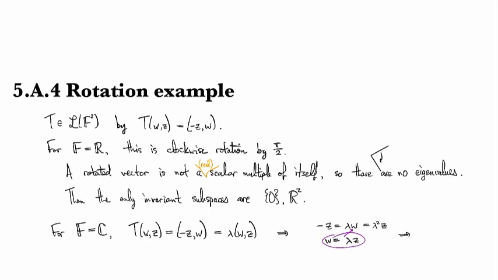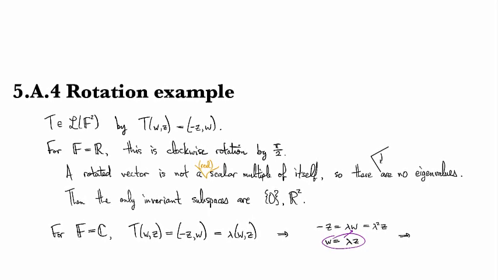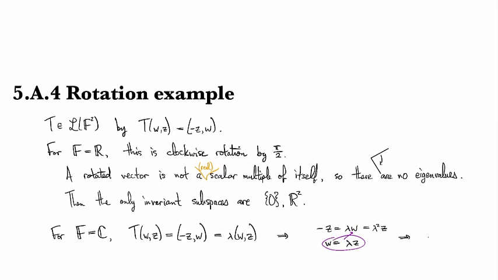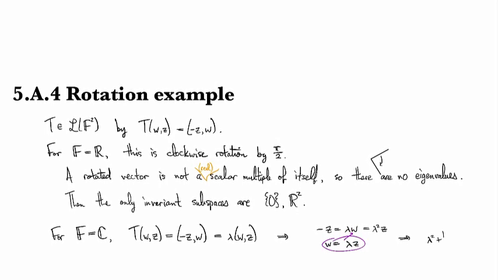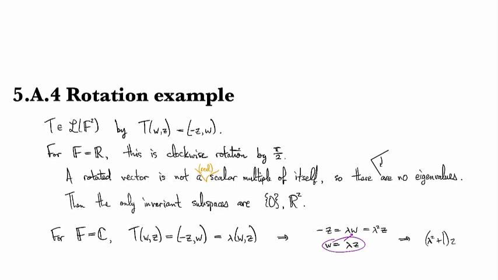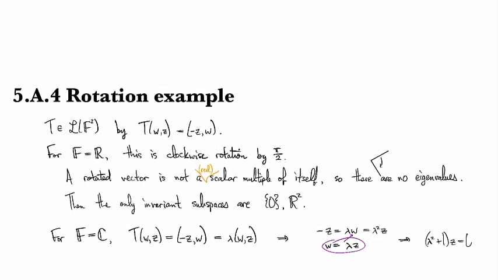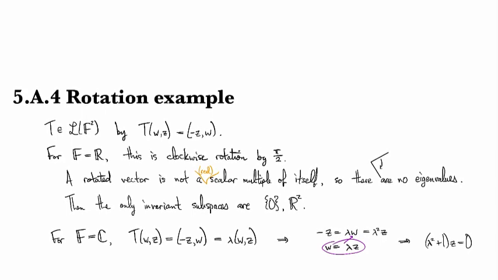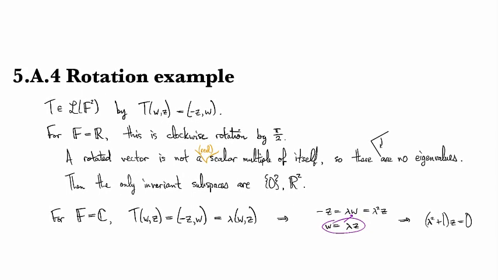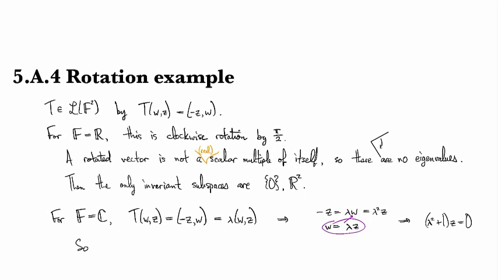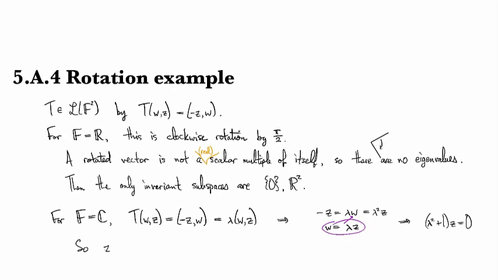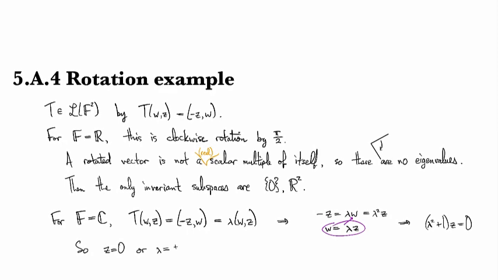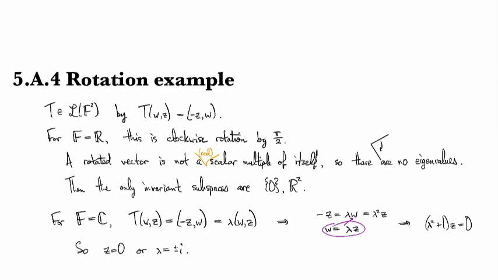And so adding z to both sides, we get (lambda squared + 1) z = 0. And so this implies that z is equal to 0, or lambda is equal to plus or minus i.